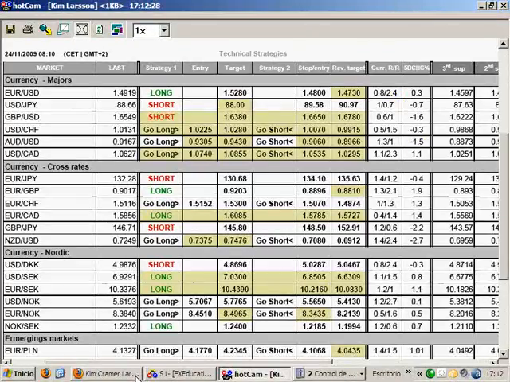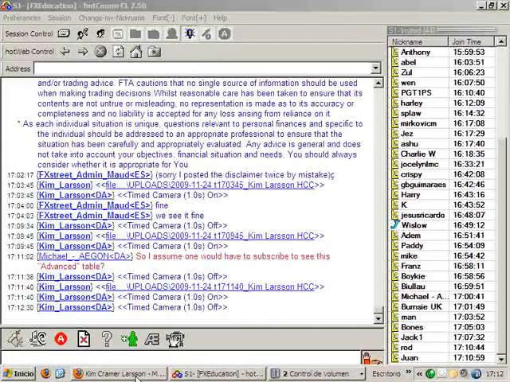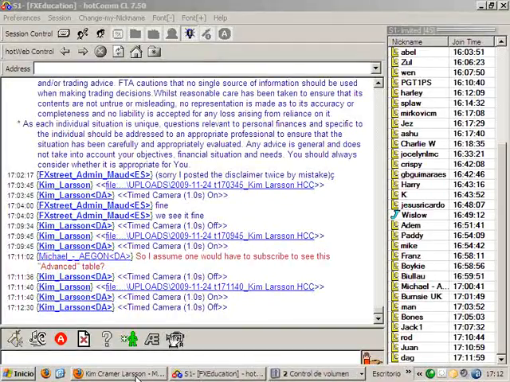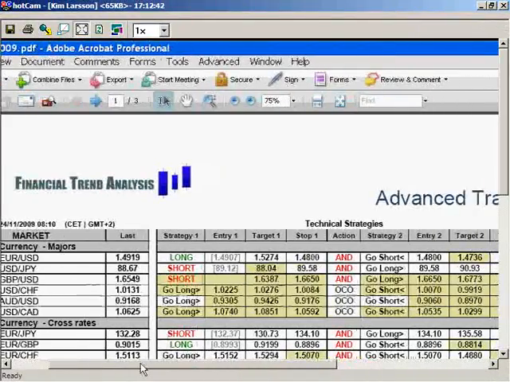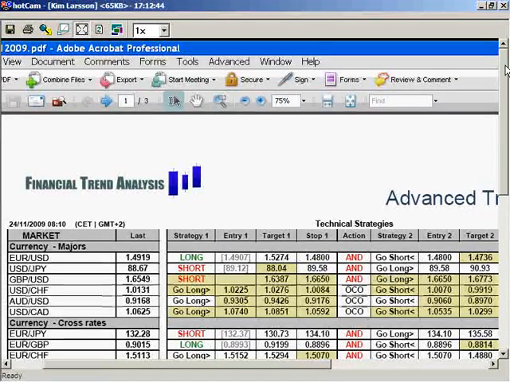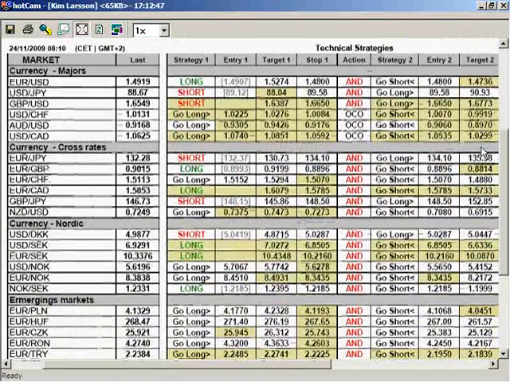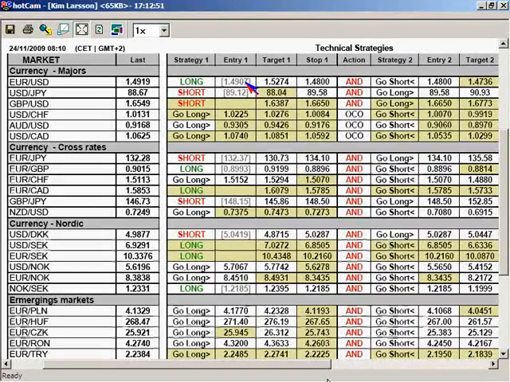Again, on the advanced trading signals, I will quickly switch back to that one. We have something called the entry risk reward. That is calculated on the basis of the entry price where we enter the trade.